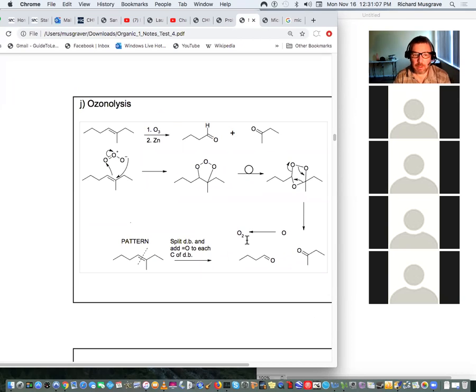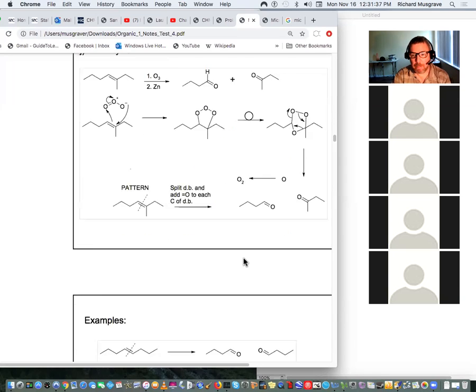What the ozonolysis reaction will do is take the double bond, and you can see it here, it splits the double bond, and you get a double bond O at each end of where the CC double bond was. So it's not a particularly difficult pattern to understand, but that's what you're doing. You're splitting the double bond and you get double bond O and double bond O. That's really it. Nothing more to it than that.